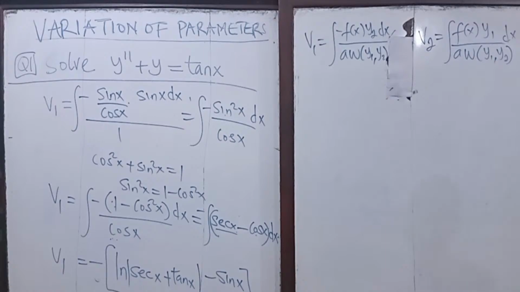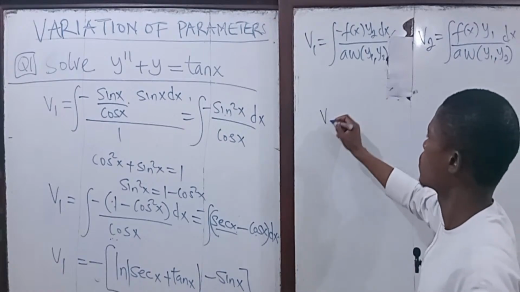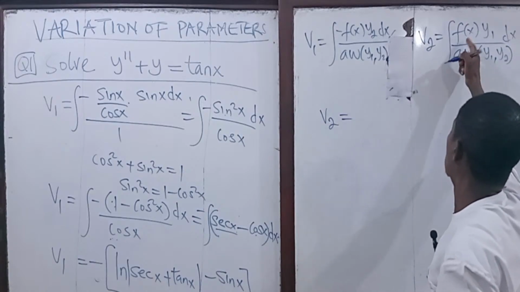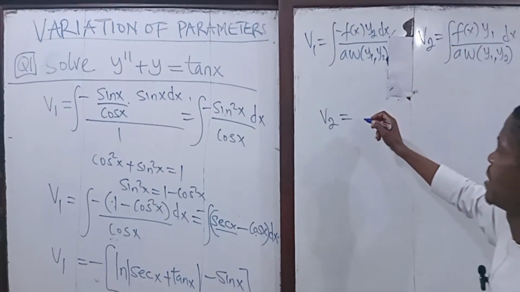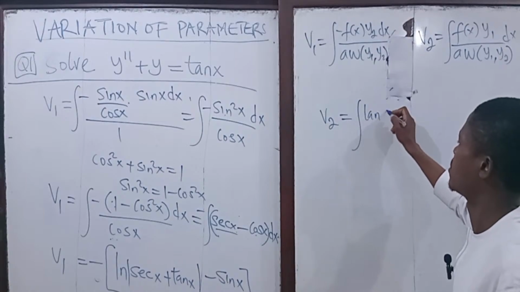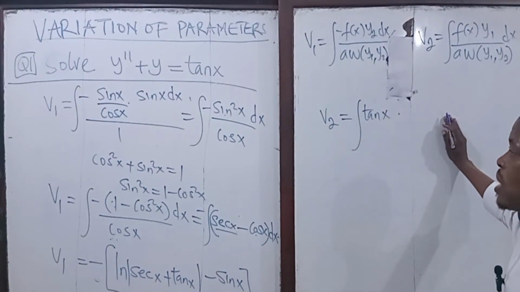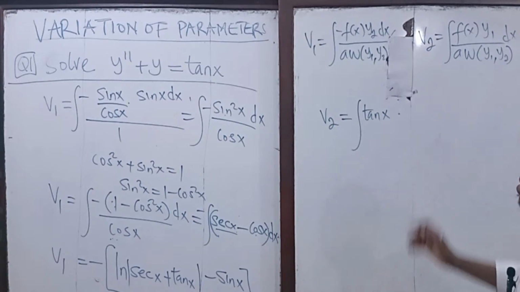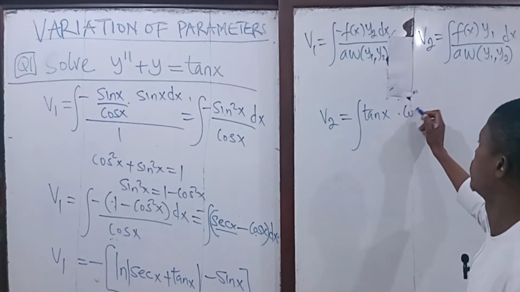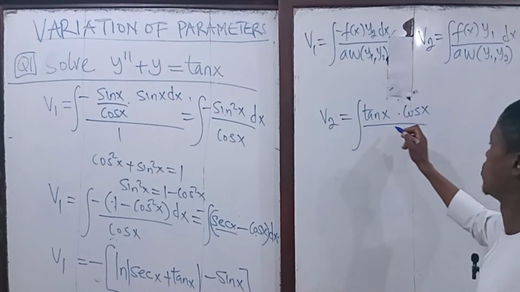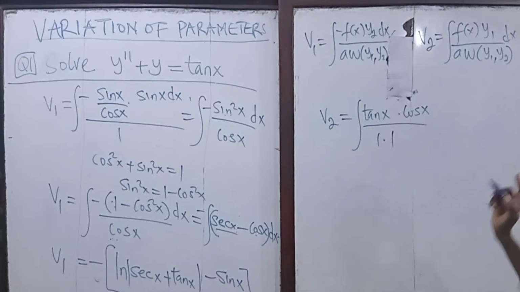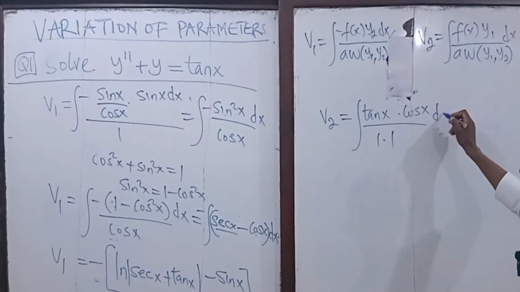So let's get the v2, which will be equal to my f of x. f of x is tan x times my y1. My y1 is cos x, over 1, since a is 1. Rho squared is also 1, dx.